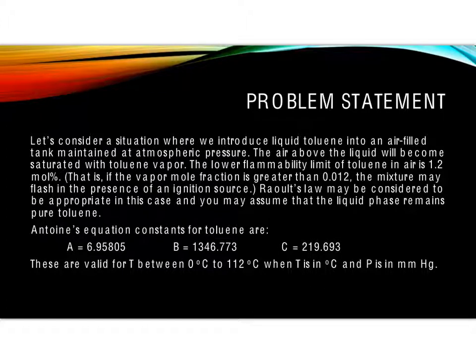We're going to call that liquid pure toluene. So back to Raoult's law, I'm going to be fairly safe assuming that x is equal to 1. And so my form for Raoult's law is just going to be y times P is equal to the vapor pressure. That'll be a very rational, reasonable assumption.